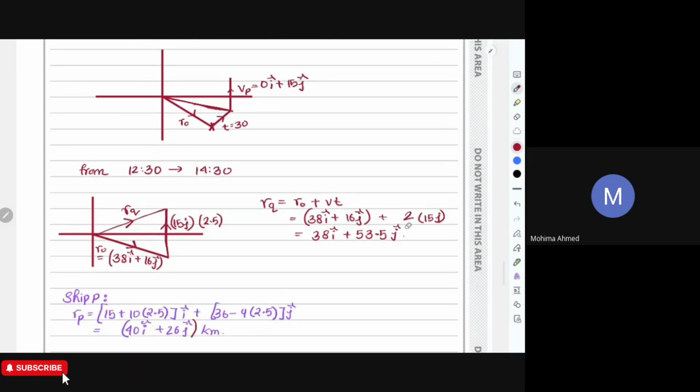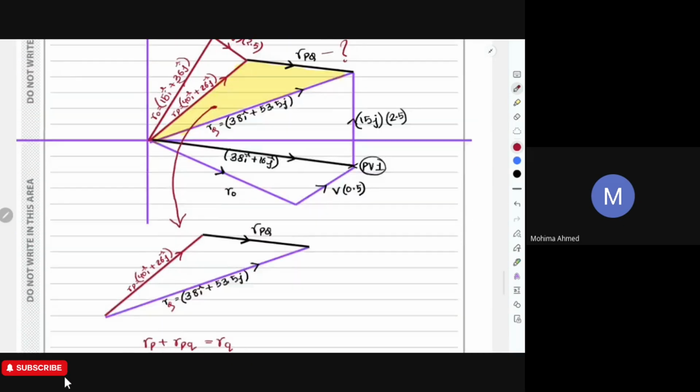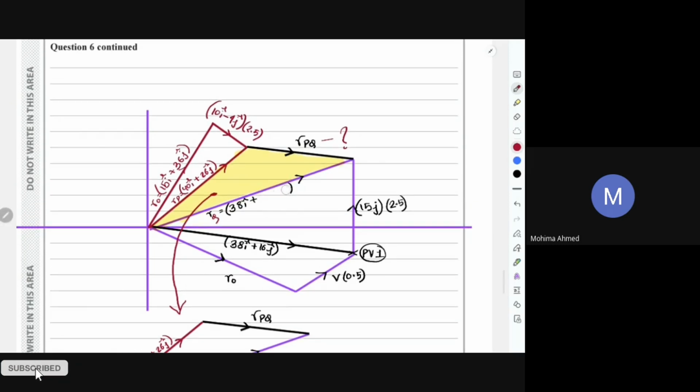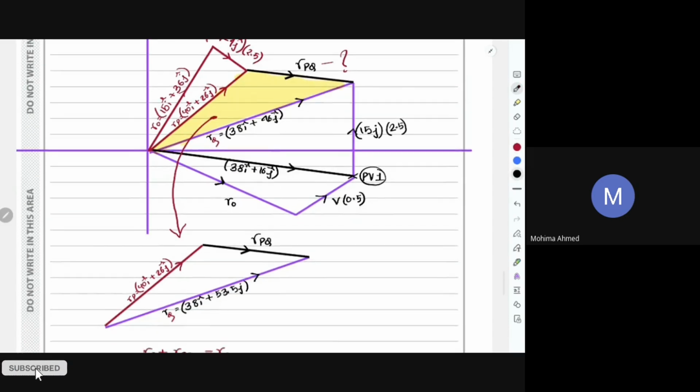This was supposed to be 2 hours here, not 2.5 hours. So it will actually be 15 times 2 plus 16, that's 46. Is this clear how we calculated this as 46 and not that 53.5? Is this the mistake I made over here? Is this clear? Yes, miss. Okay, then now I have to just change that. Everywhere I have used it, this is supposed to be 46j.